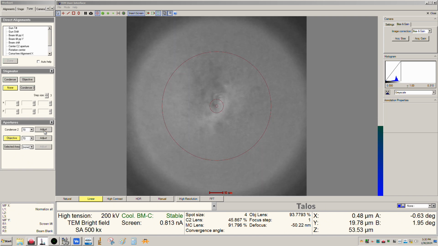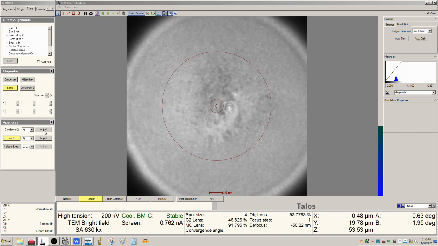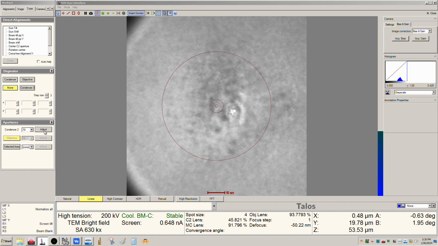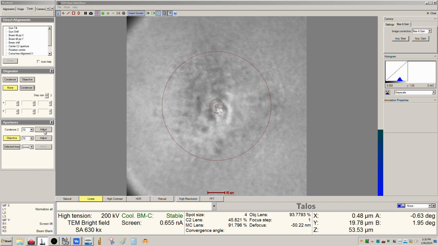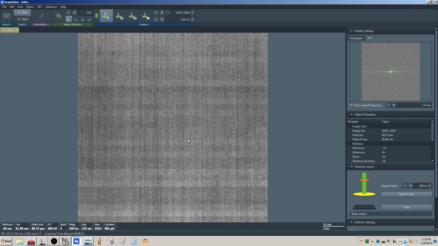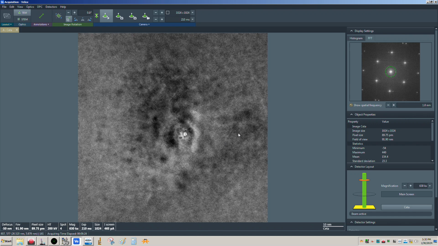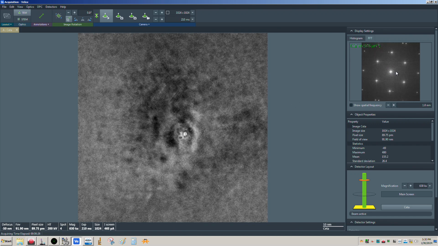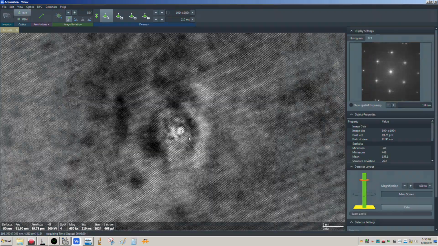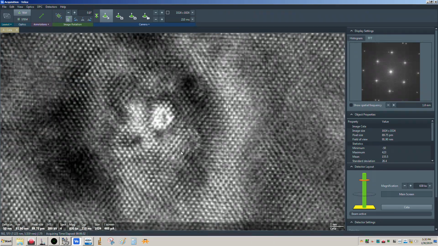Now at this point, we might actually have enough damage here that we might be able to see the effect in the FFT, which we really haven't been able to do, at least not very dramatically up to this point. So let's see if we can do that here. And we still really can't see that, but we can see very clearly there's a hole starting there.